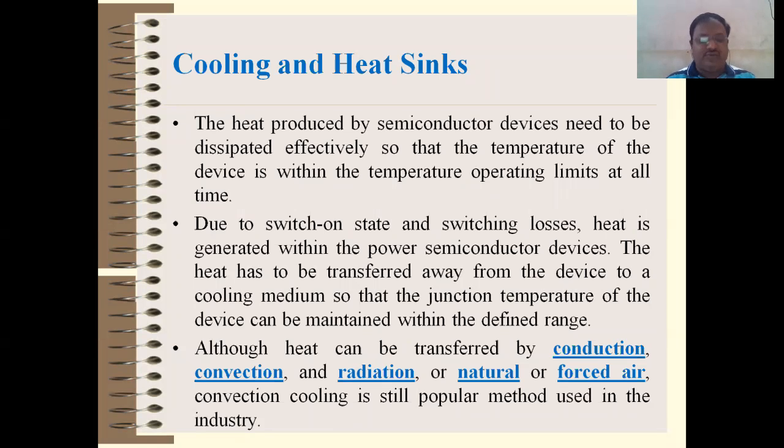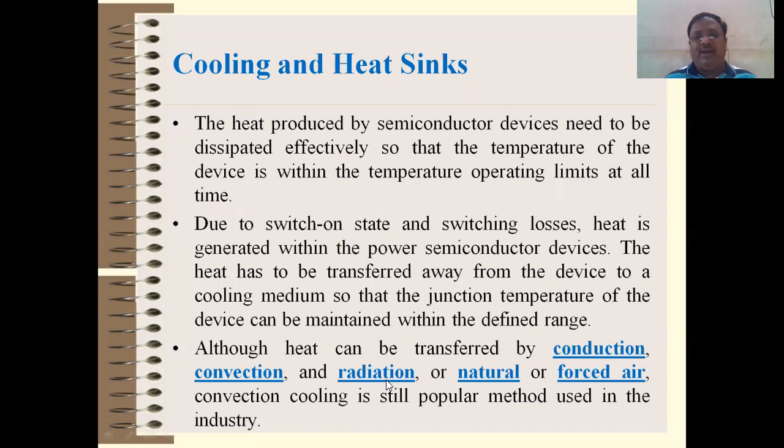Heat can be transferred by three different methods: conduction, convection, and radiation. These are the three techniques adopted by the power device itself, right? Even if you touch any device when it is in the on state, that device is hot, right?